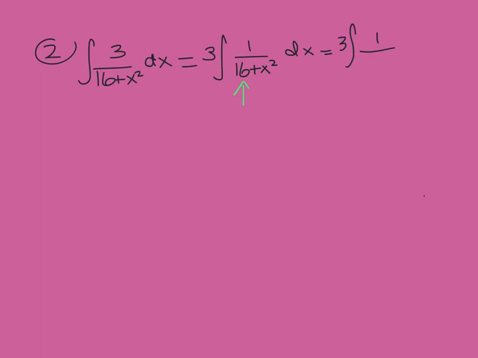What I am going to do, in order to get that constant to be 1, is factor out a 16 from this denominator. So I end up getting 1 plus, now if I factor out a 16, it's the same as dividing by 16, so I get 1 plus x squared over 16. I forgot my dx again.